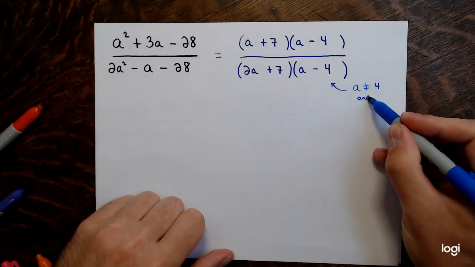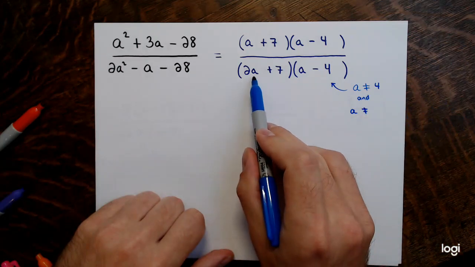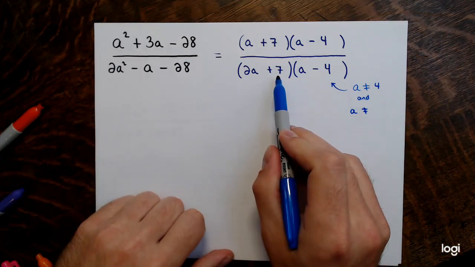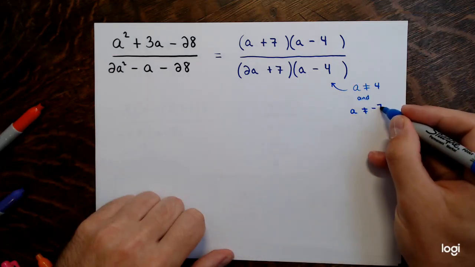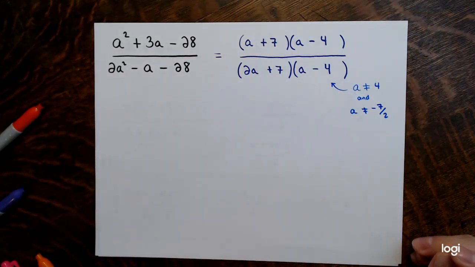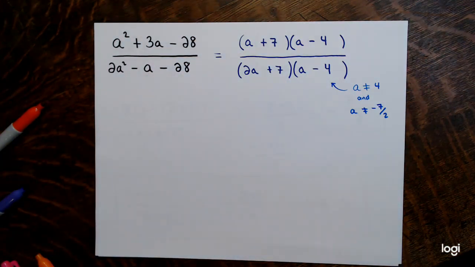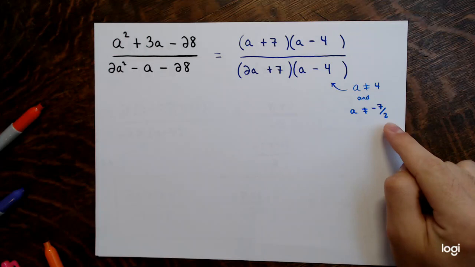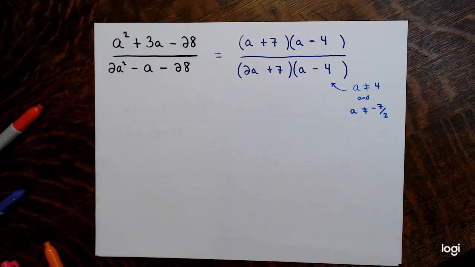And at the same time, if you set 2a plus 7 equals 0, a would be negative 7 halves. You would subtract 7 and divide by 2. So these are values I cannot use for a. Because if I plug in 4 or negative 7 halves for a, I'd be dividing by 0, and that's no good.